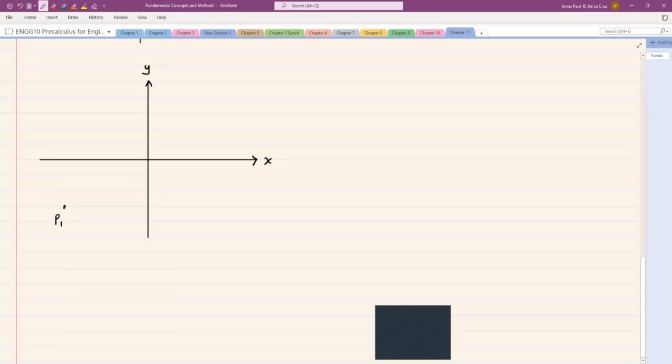Point P1, the x-coordinate is x1, the y-coordinate is y1, at meron tayong point P2 dito. Point P2, meron tayong x-coordinate na x2 and y-coordinate na y2. Okay. So, ang goal natin dito, ang tanong, what is the distance? Okay, what is the distance?